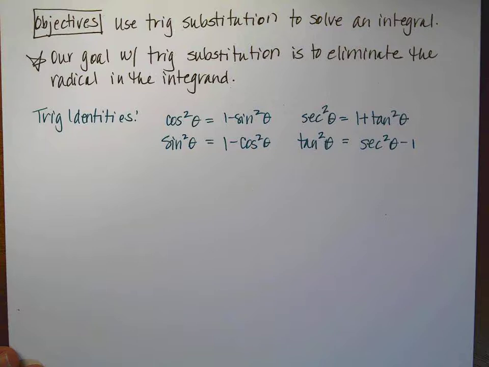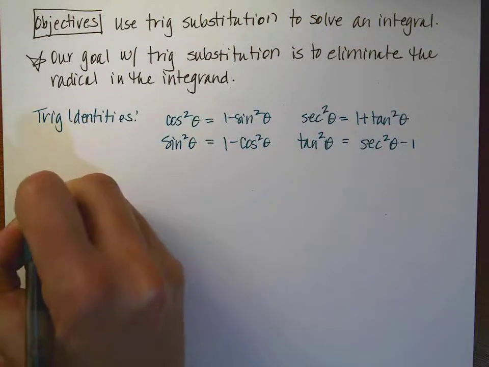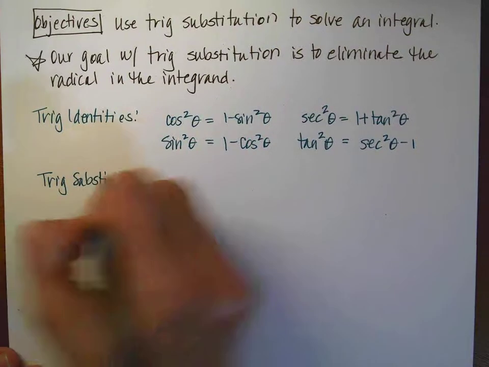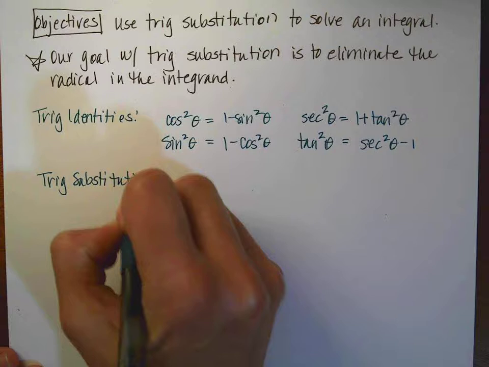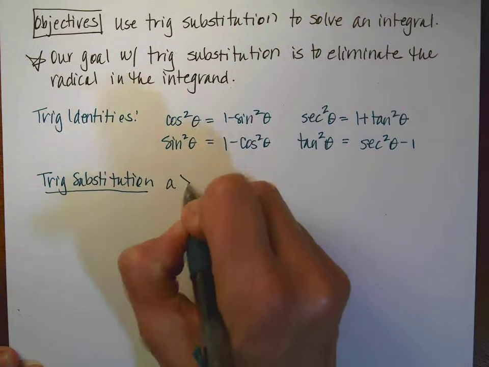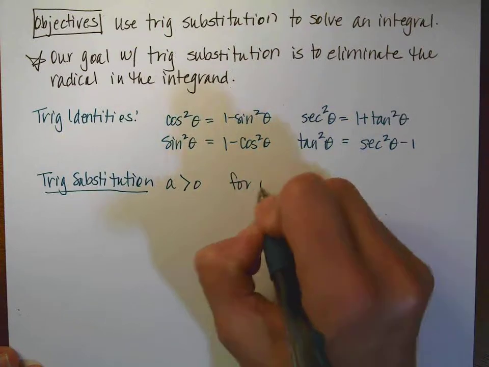As we get started with trig substitution, there's a couple of rules that we need to remember. We need to know that a is going to be greater than 0, and these are trig substitutions for integrals.